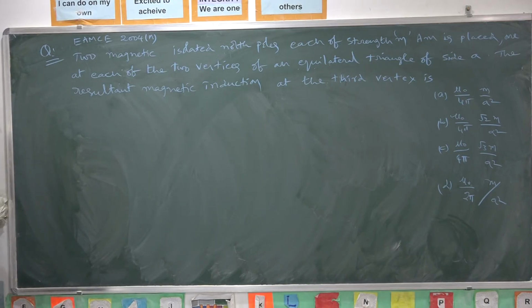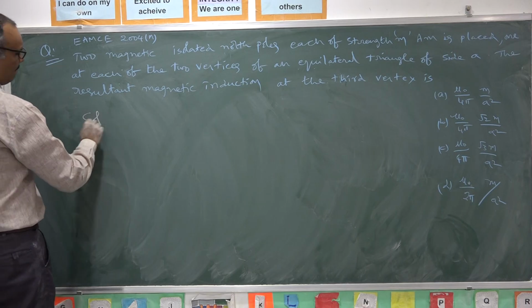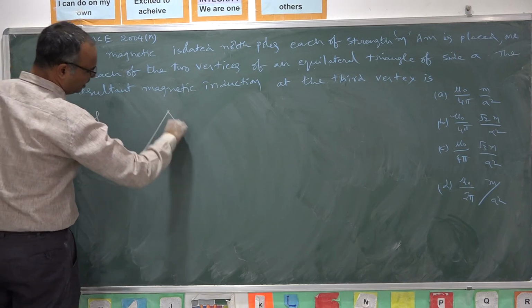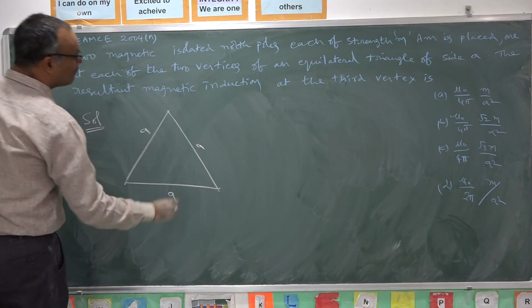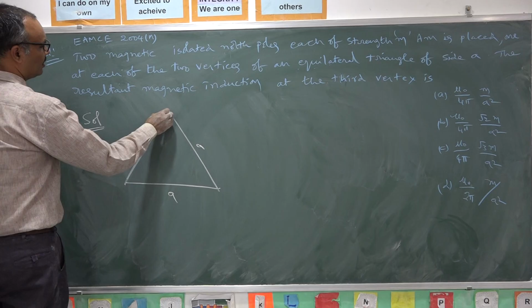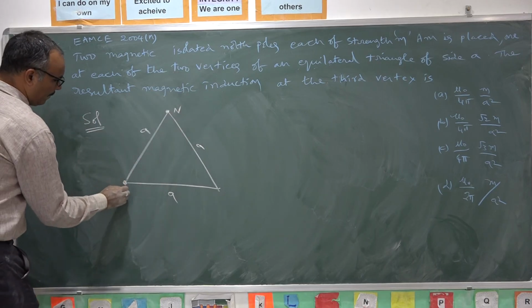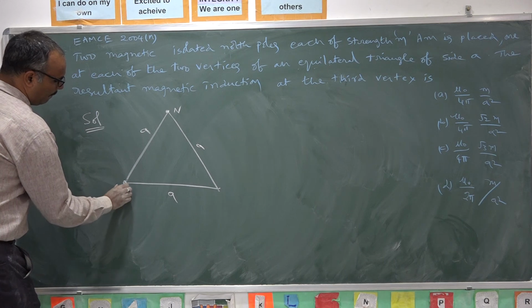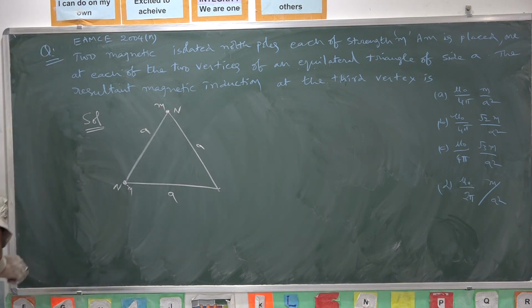Solution. This is an equilateral triangle of side a. At two vertices, an isolated north pole of strength m is kept.